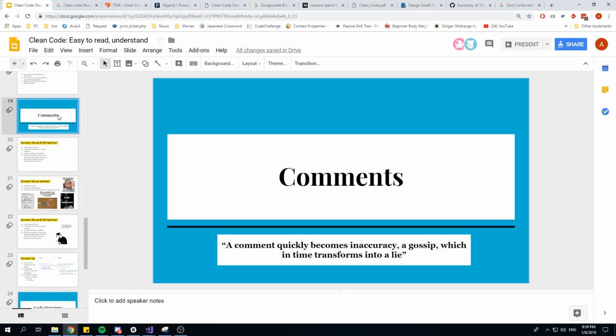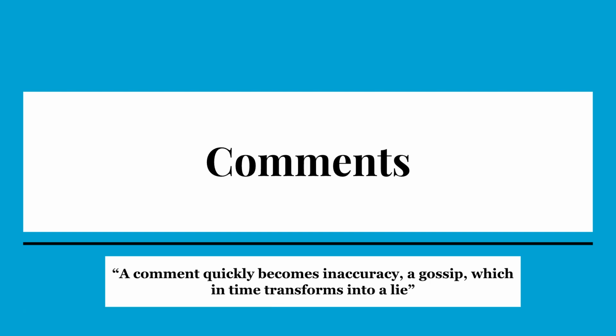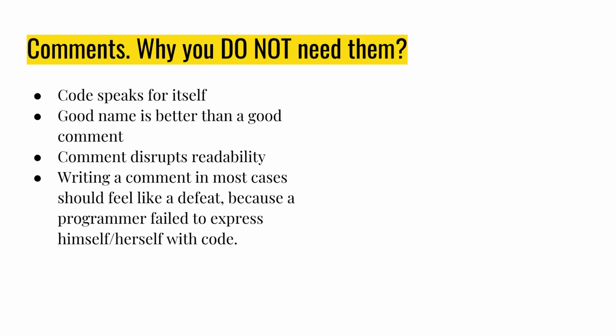What do we have? Two more points that I wanted to cover. So first, comments. A comment quickly becomes an inaccuracy, a gossip, which in time transforms into a lie. So my point of view is comments are in most cases a bad thing and they should be avoided.